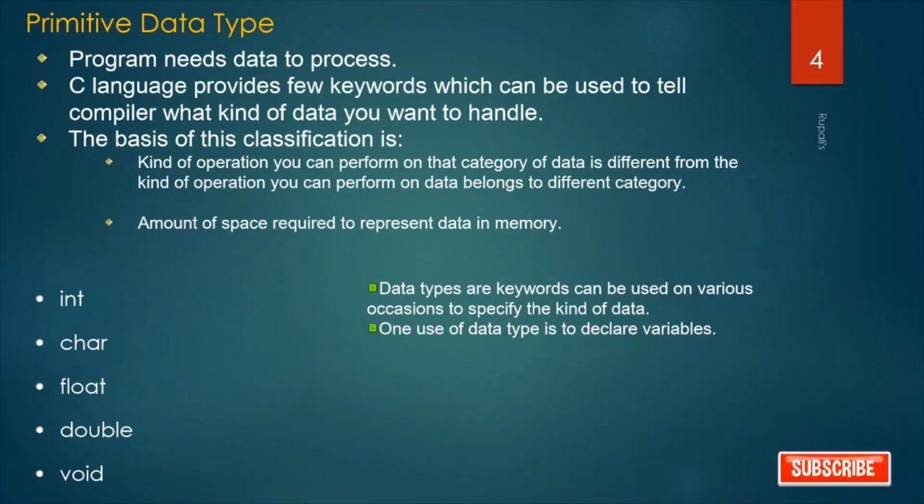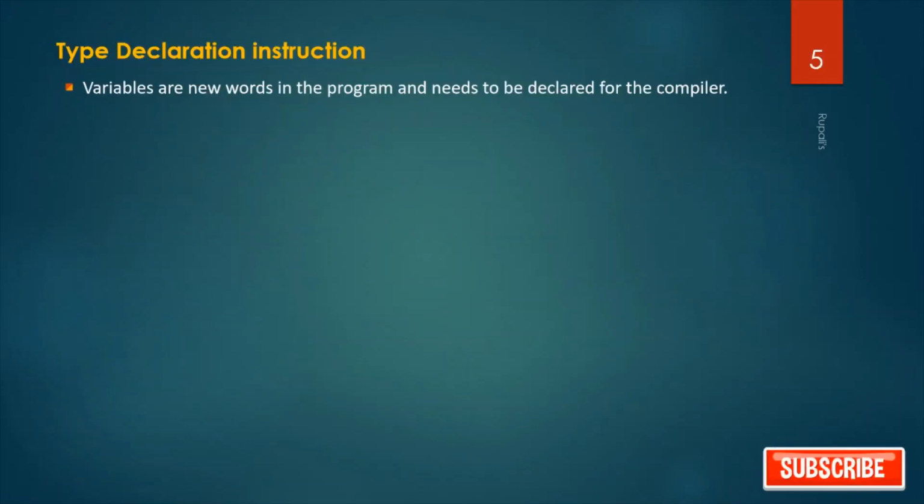And the amount of space required to represent data in memory means for integer it takes 4 bytes, for character it takes 1 byte. By declaring data type, we can get how much memory is needed for your variable. Type declaration instructions. Variables are new words in the program and need to be declared for the compiler.